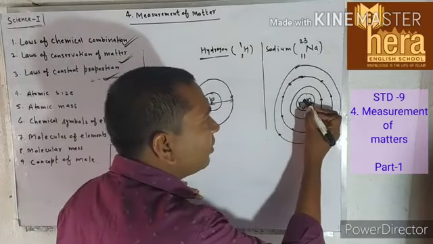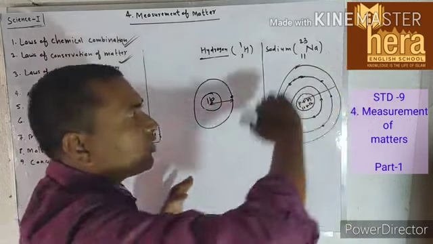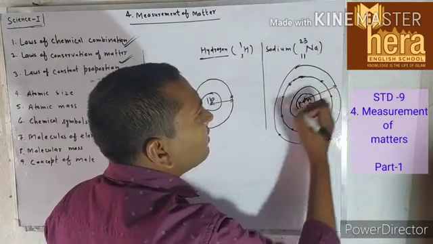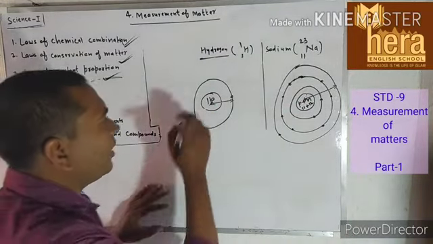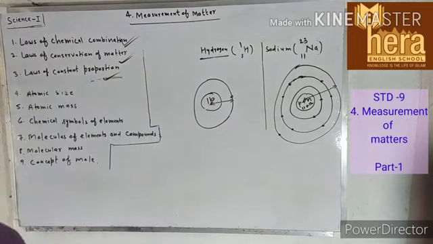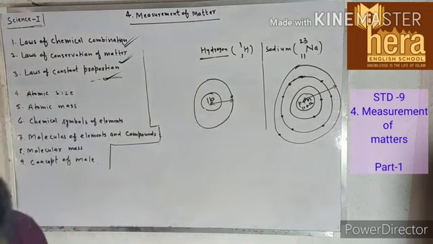Outermost means the last one. This is represented in nanometers. Atomic radius is represented in nanometers.